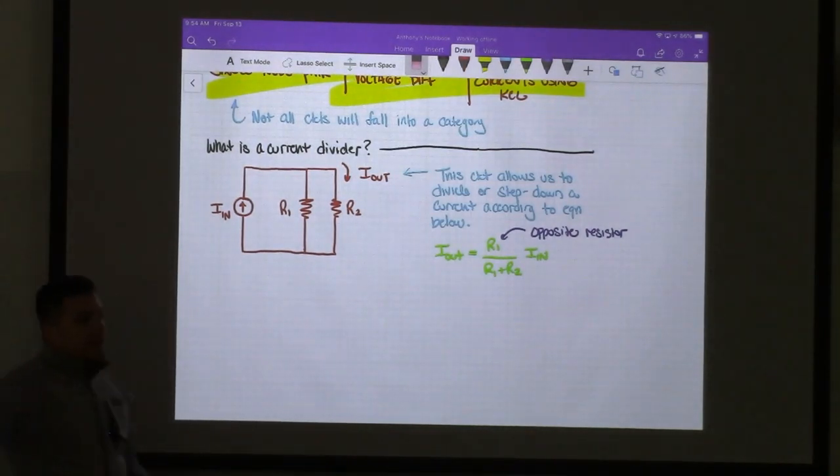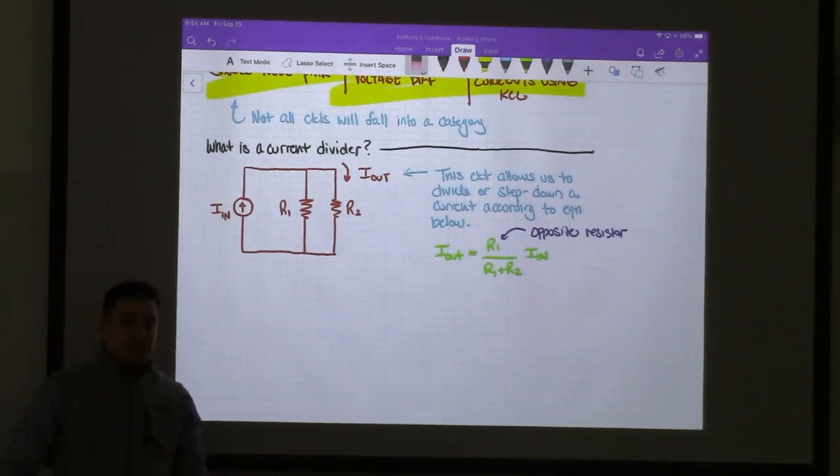This circuit, you're not going to use as much as the voltage divider, and really the main reason for that is we don't have as many in practice, in building and using physical circuits. There's not as many real current sources that we come across.